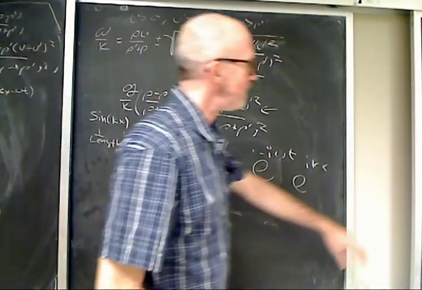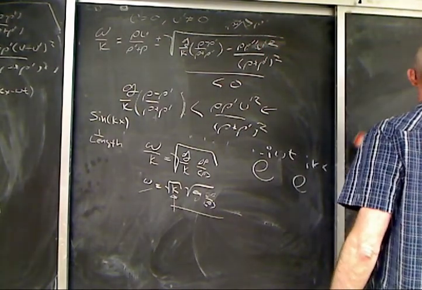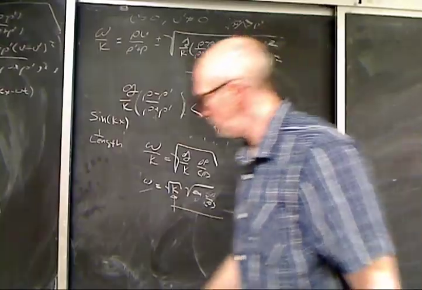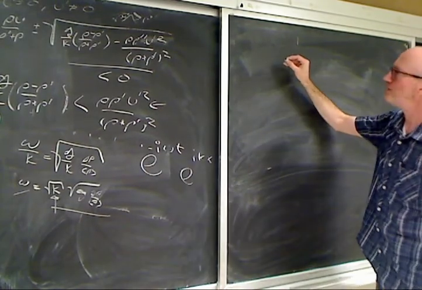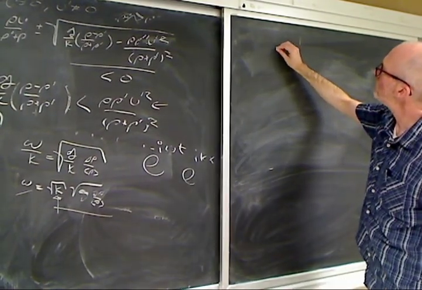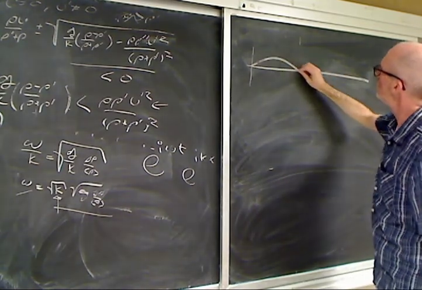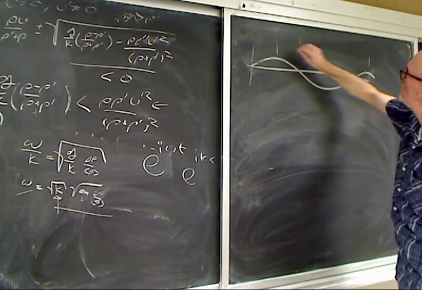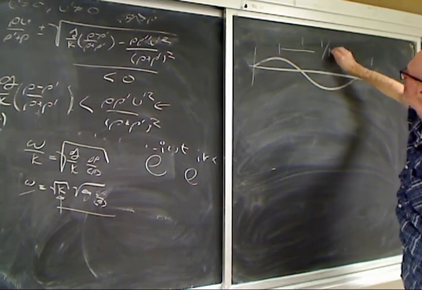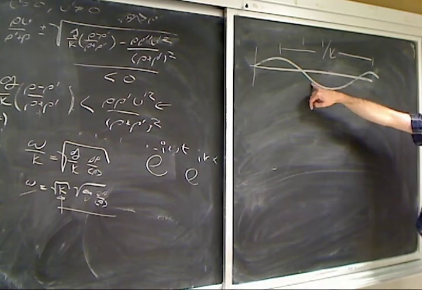So I could set up this way I'm not standing right in front of the video. So if I've got a wave, this wave has one wave number K, right? So this is one mode.